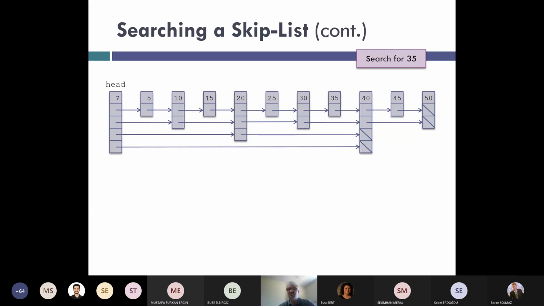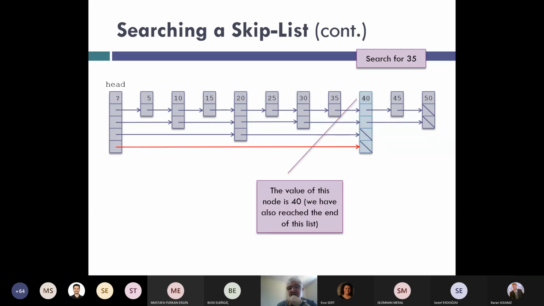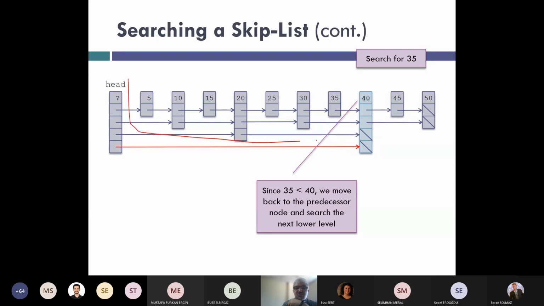For example, to be able to search 35, we start with this link and follow the link at level 4. We get 40. 35 is less than 40. So we know that the value should be in this place.